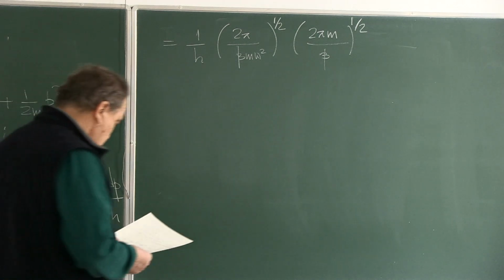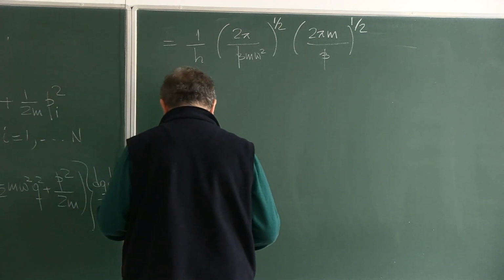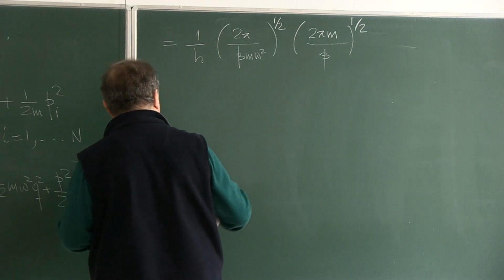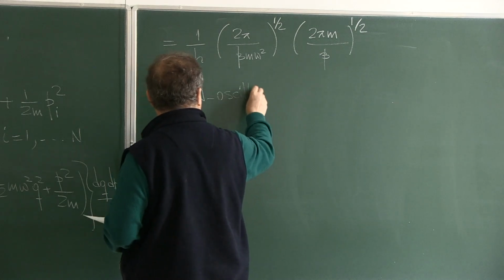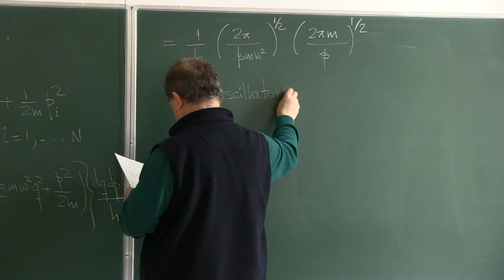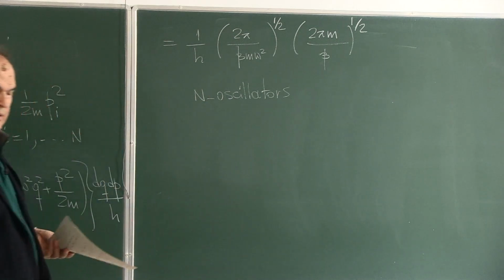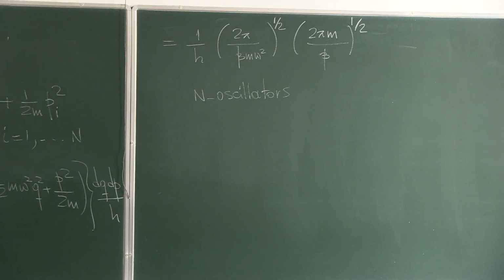So let's go to N oscillators. Well, oscillators in physics usually are distinguishable. They are sitting at certain lattice points, for example, and vibrating. So, because of the fixed positions, we can distinguish each of them.